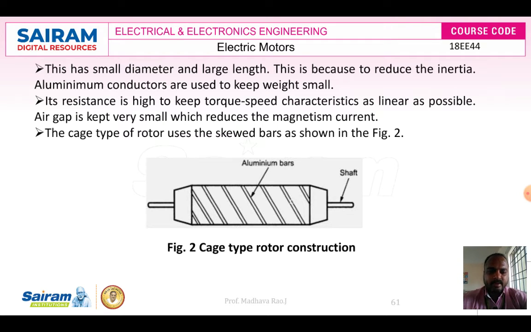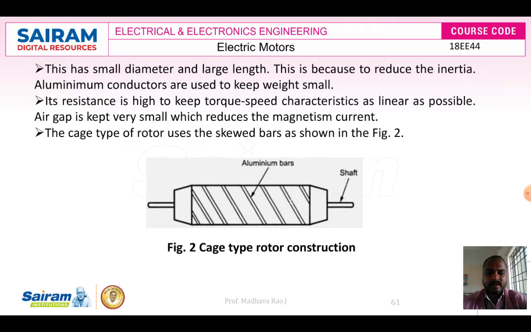You can see the squirrel cage type rotor construction in this figure. It has aluminum bars short circuited by end rings. It has a small diameter and large length. This is to reduce the inertia, and aluminum conductors are used to keep the weight small.